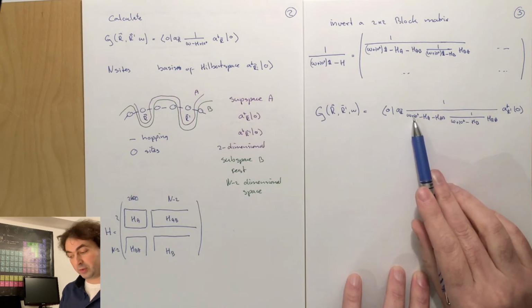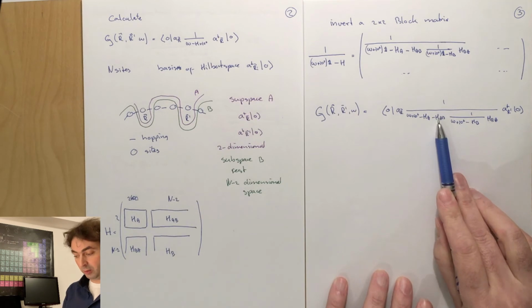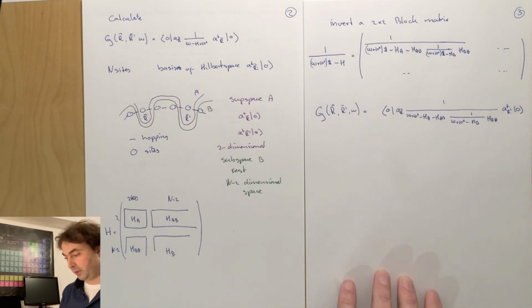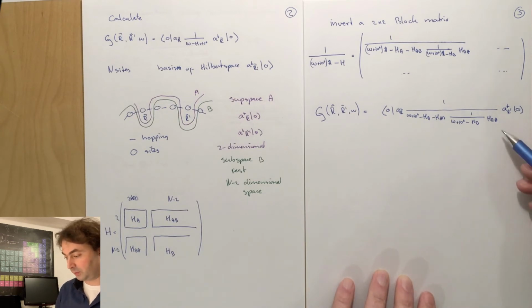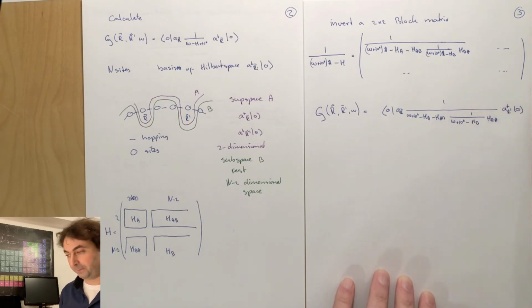You have omega plus I0 minus the local Hamiltonian, and then locally coupling to the rest. How do you propagate in the rest? And coupling back to your system. Or from left to right, go from A to B, propagate in B, go from B to A.